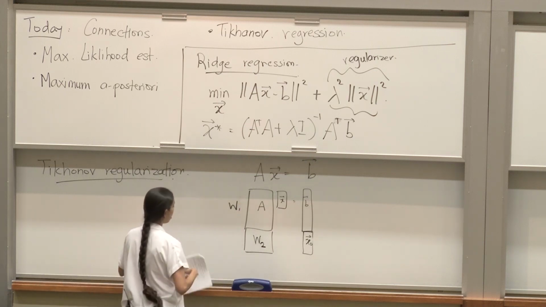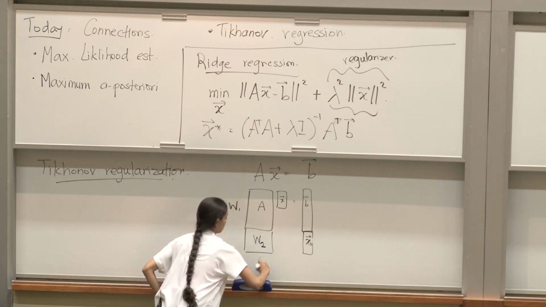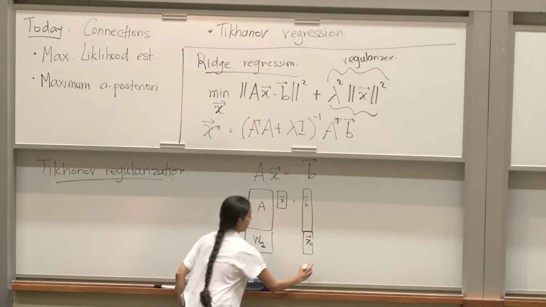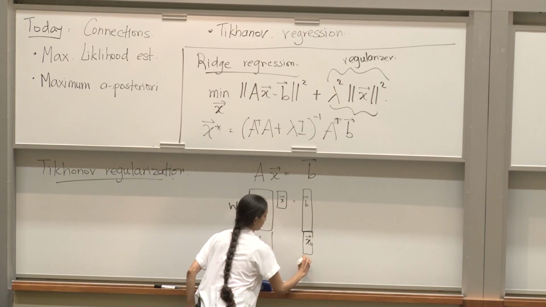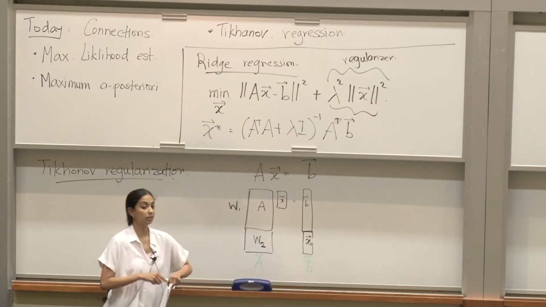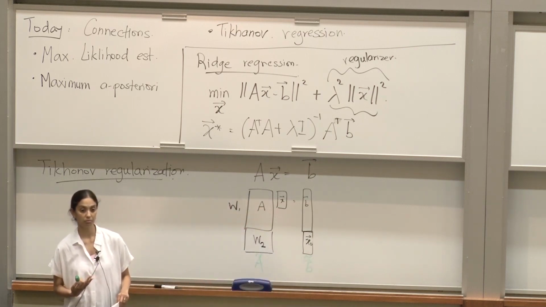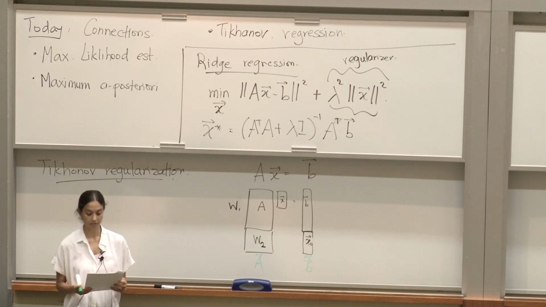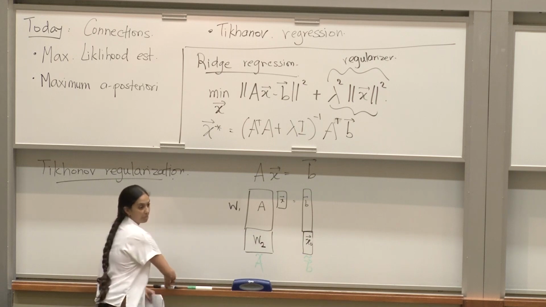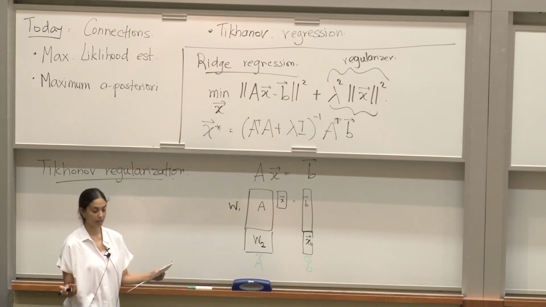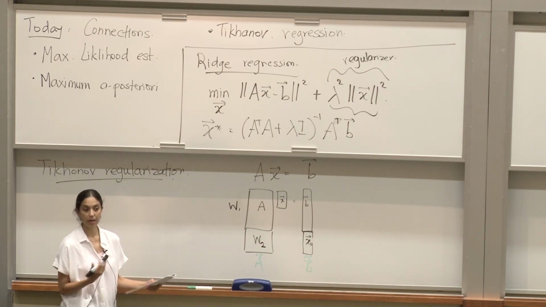And now if I call this matrix A twiddle and this vector B twiddle, can I write a least squares problem around this? I can. And could I then solve it in the exact same way that we solved it the last time and get a solution?